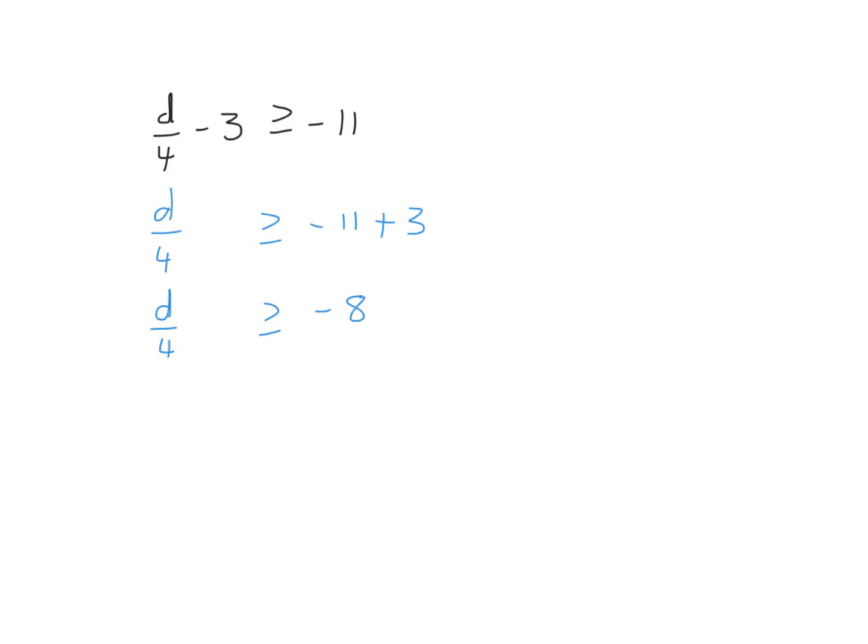Okay, therefore I need to multiply this side by 4, and I've got to obviously multiply that side by 4 because I want to get rid of the divide by 4 here. Alright, so we've got d all by itself over here, and I would therefore have negative 8 multiplied by 4 giving me minus 32, and that would be my answer.